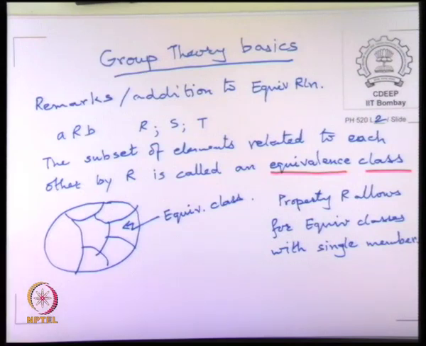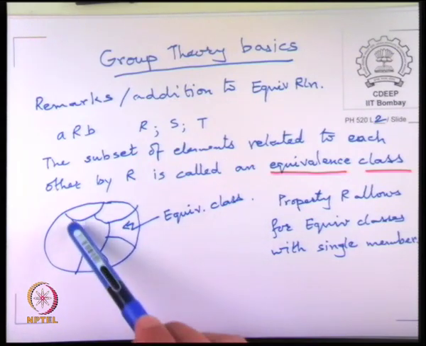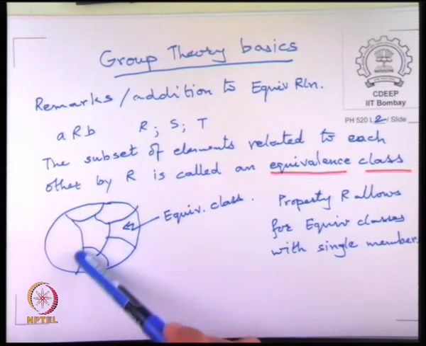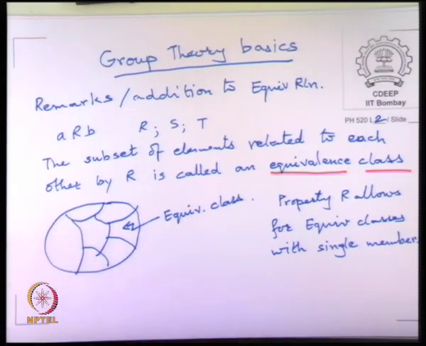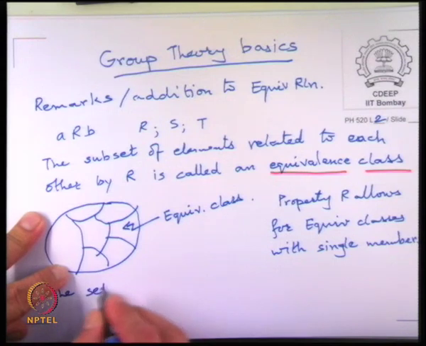There is one other terminology which we will again encounter later, but sometimes we want to think of each of these equivalence classes as one element. So the class, essentially, if you pick any one element from it, represents all the others as far as that equivalence relation is concerned. In that case, this set is called a coset space. So, this is a set of sets.